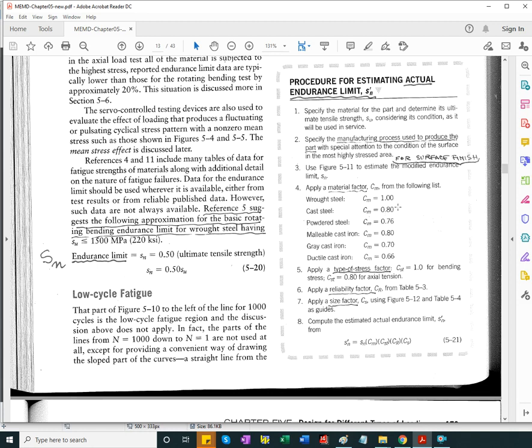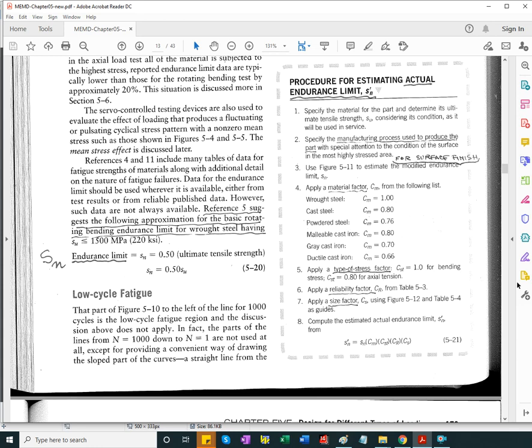Cast steel may have inclusions, impurities. Powder metal, which is formed from powder, has voids between particles, and the voids can act as stress risers. So we make this correction, multiplying with the right coefficient, and then the type of stress.